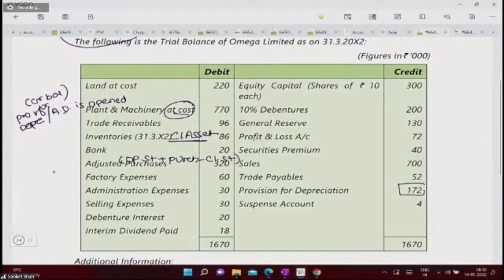So this option number 2 is given by the ICAI. Okay, simple. Adjusted purchase means what? Opening plus purchase minus closing. Simple.